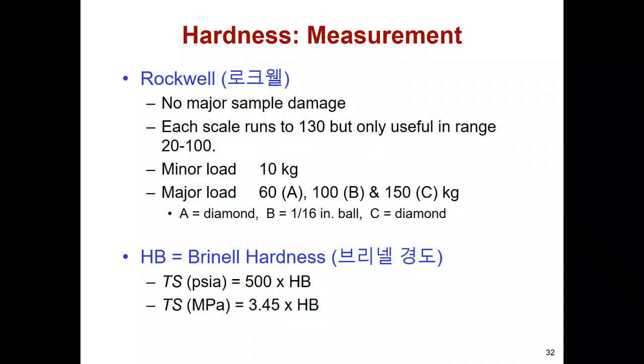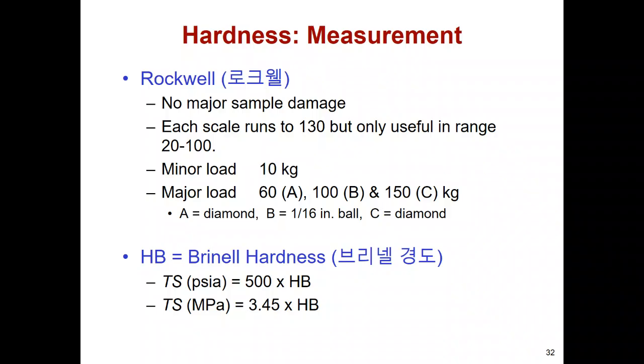There are many ways to measure hardness. First, the well-known one is Rockwell hardness. When you use this method, there is no big damage to the sample. In each case we apply some specific force.